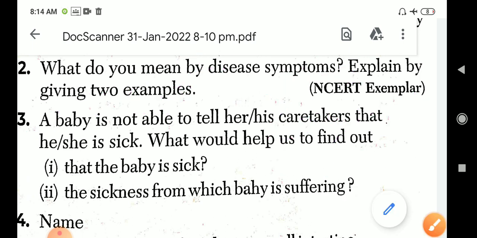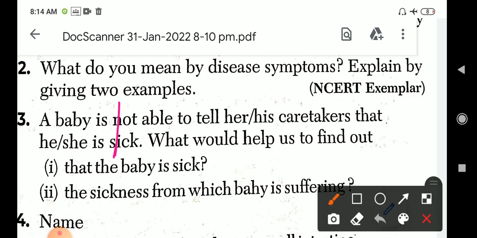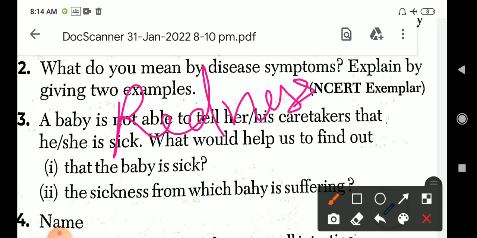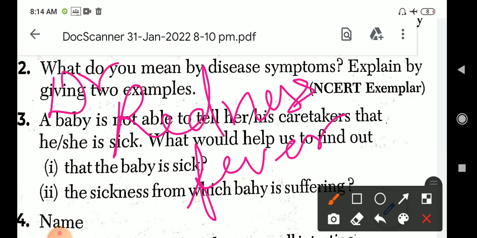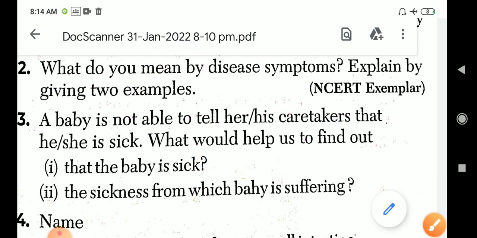Drooping of eye means the eyes become dull and small, and there is no brightness in the eyes. Then next is the redness of eye. Eyes may become reddish. High temperature, obviously fever, drooping of eye, and continuous crying. These may be the signs.